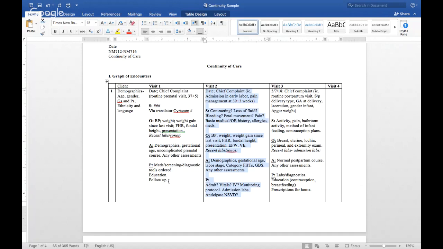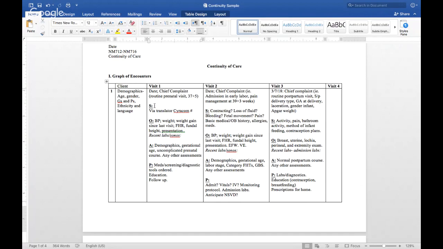Again, just a template for basic SOAPs for one patient, for example. So here we have the date. We have our chief complaint. It's a routine prenatal visit. She's 37 and 5. Here we have how she's feeling, any kind of chief complaint, any kind of review of systems. You can do a history review as well if you'd like. I included the translator number because the reflection is an important part of the continuity assignment.